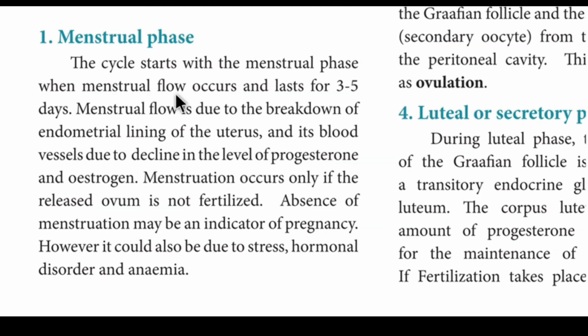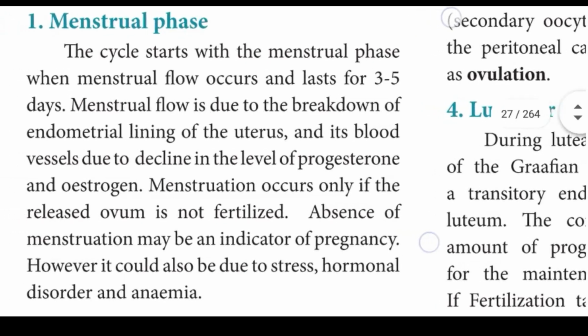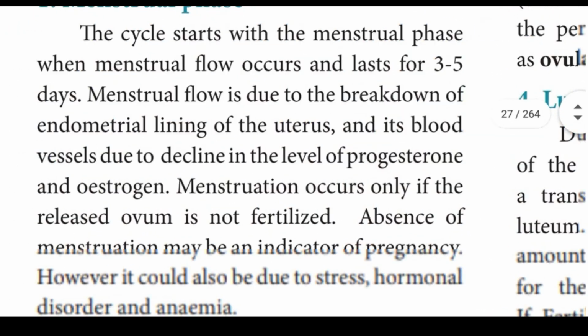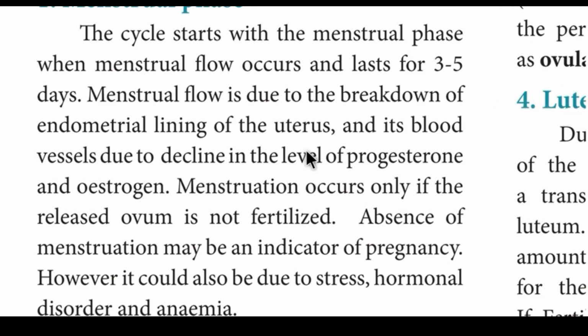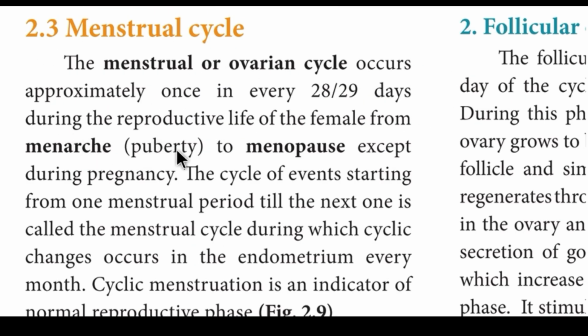Menstrual phase is when the menstrual flow occurs and lasts for 3 to 5 days. Menstrual flow is due to the breakdown of the endometrial lining of the uterus. One more point: puberty is when you attain the age, and menopause occurs in women at around 40 to 50 years of age, except during pregnancy.